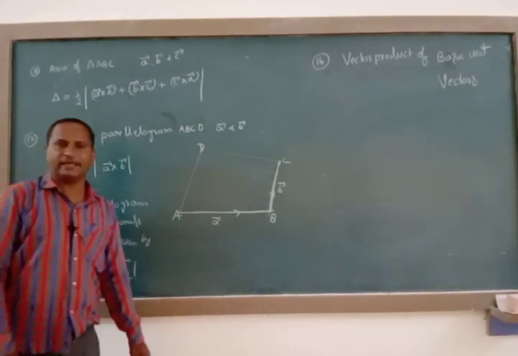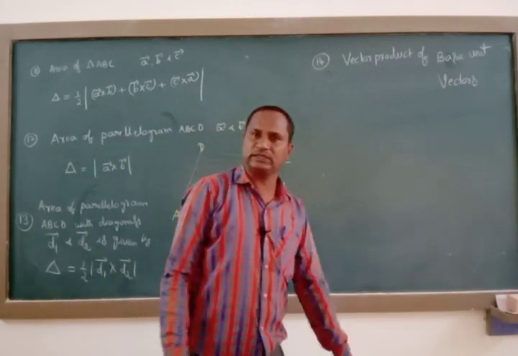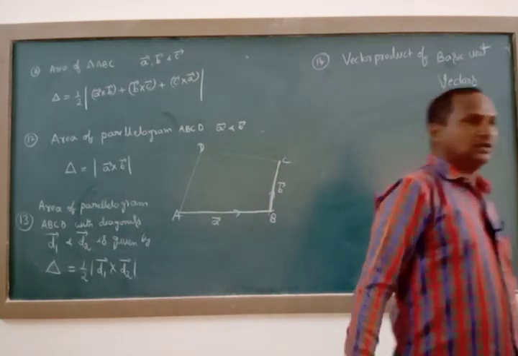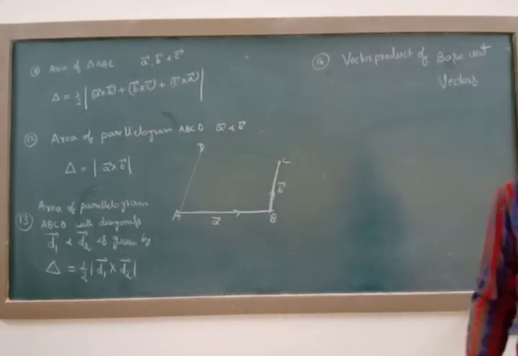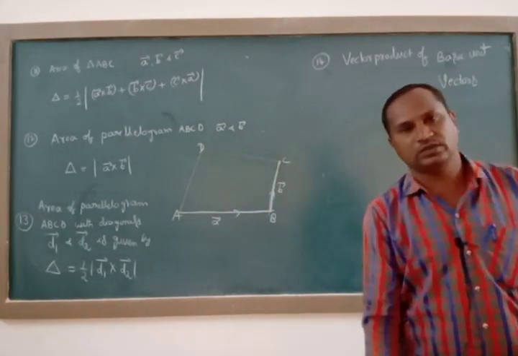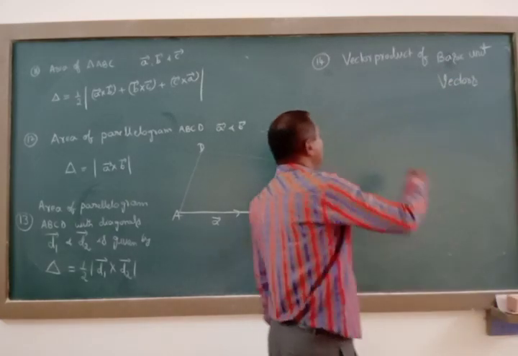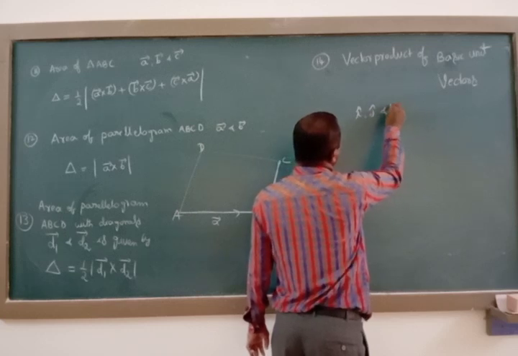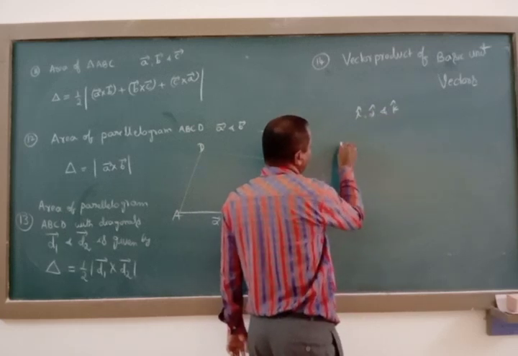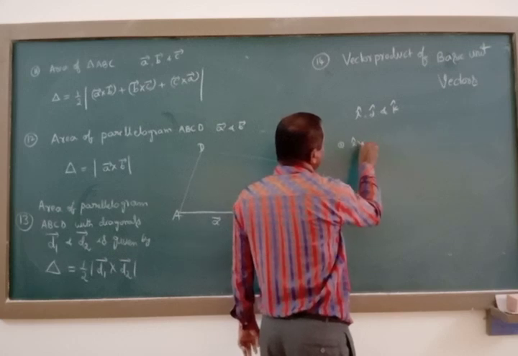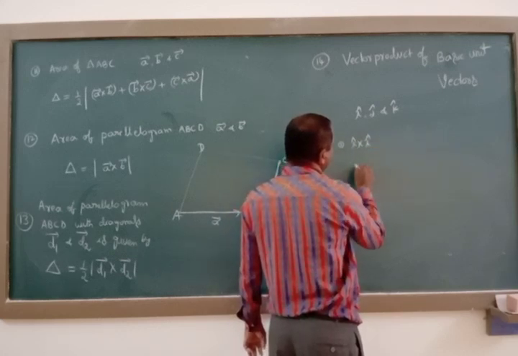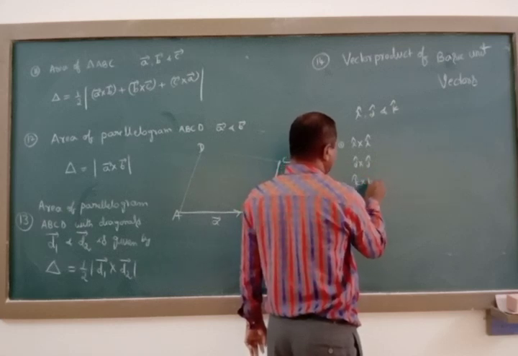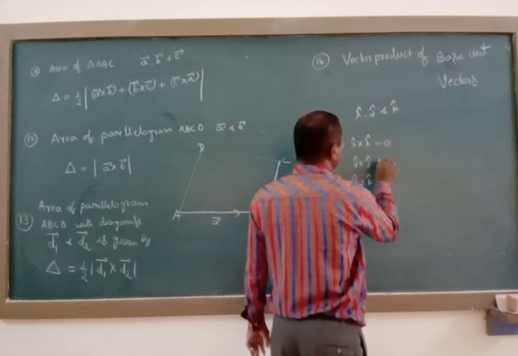We have taken i dot i is equal to 1, j dot j is equal to 1, k dot k is equal to 1. Whenever the dot product is between any two different basic unit vectors, then its value becomes 0. Similarly, here also i cap, j cap and k cap are the three basic unit vectors. Then number 1, i cap cross i cap, j cap cross j cap, k cap cross k cap, its value is always 0.